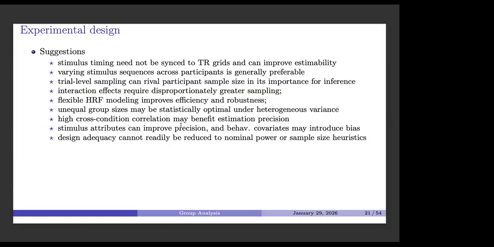If the association with reaction time is not your interest, it turns out that including such behavior data is not a good idea because it's downstream. It's not about the trial attributes. So stimulus duration is a good idea because it's about the stimulus itself. So it's a good idea to include it to improve efficiency.